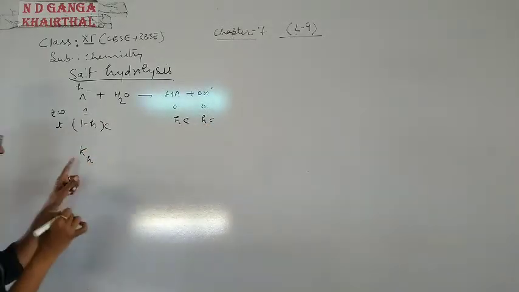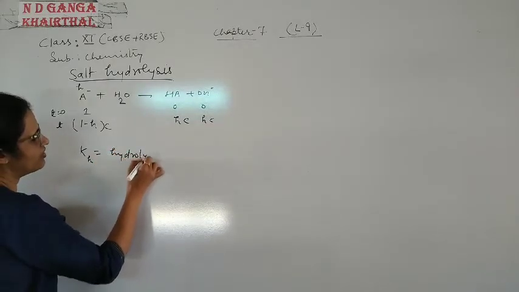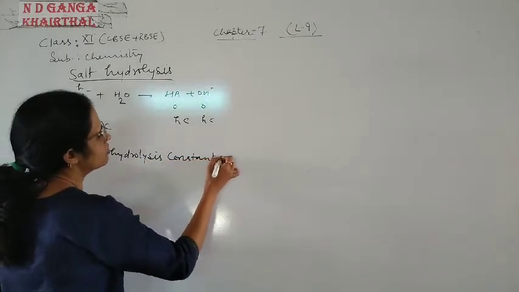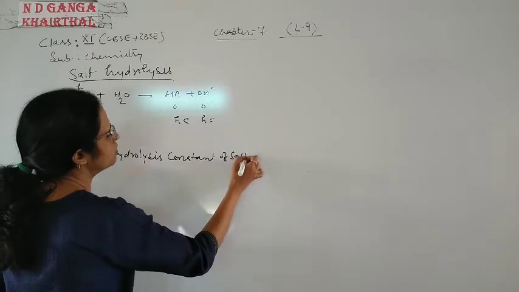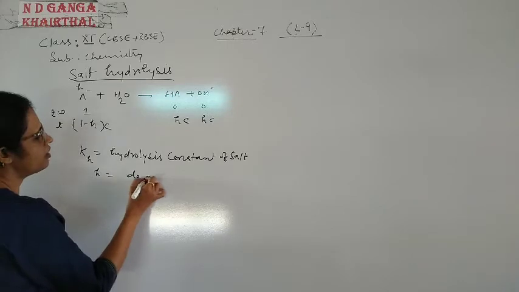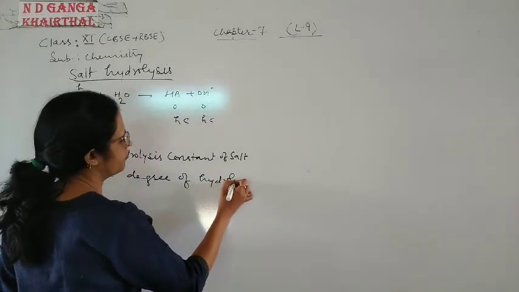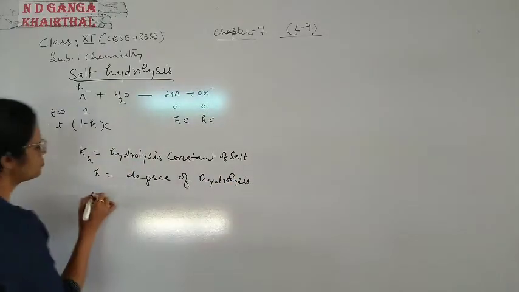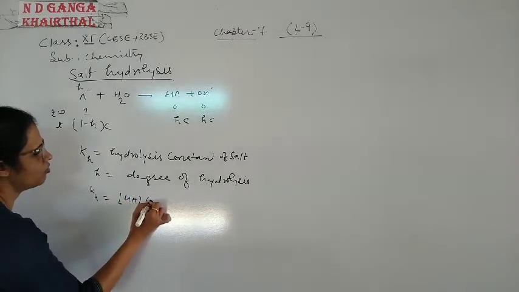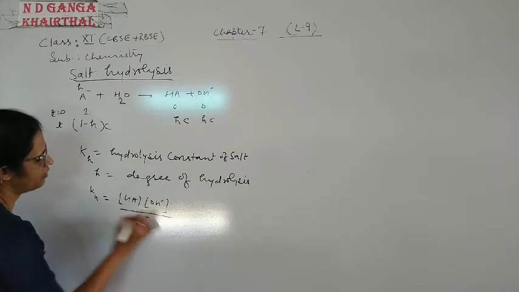Kh is the hydrolysis constant of salt, and h is the degree of hydrolysis. So Kh will be HA times OH negative upon A negative.